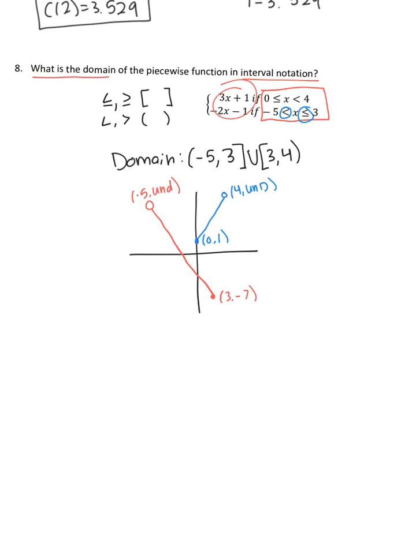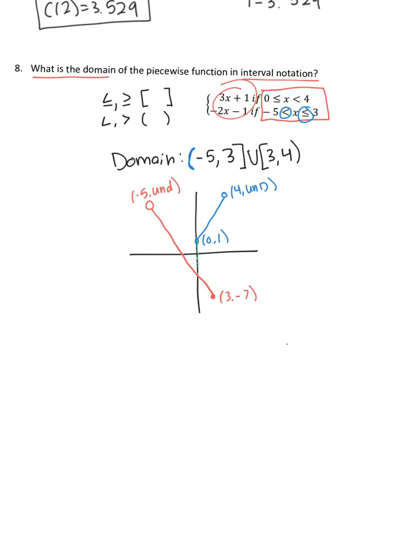So domain looks from left to right. If I'm looking at the leftmost point in my domain, it is -5. But notice that it's an open circle. So that's why in our domain, our -5 has that parenthesis. Then as I'm scanning, the next x value that I would have an issue with is right here.